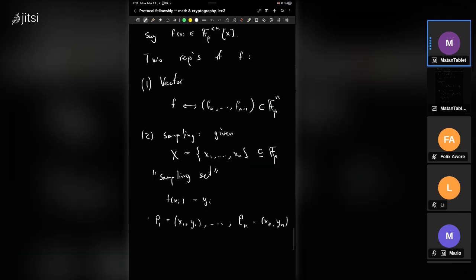These are points that if I had a polynomial f and I would do this sampling procedure, then this polynomial would pass through these points.